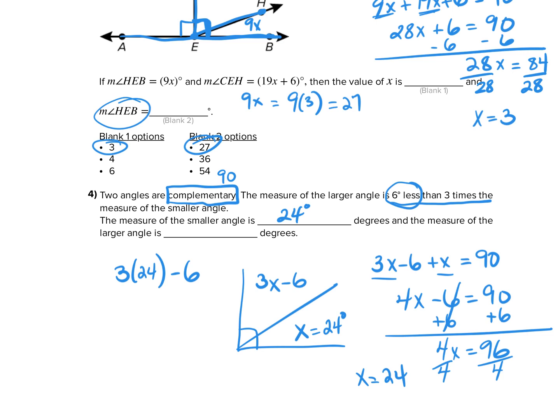Or the simpler way, because I know both angles add to 90, would just be to do 90 minus 24. And I would get 66.